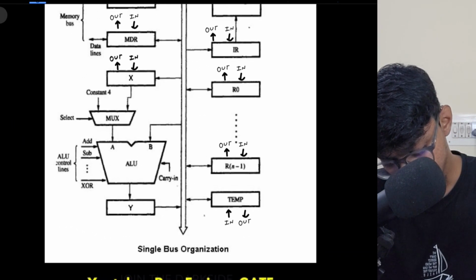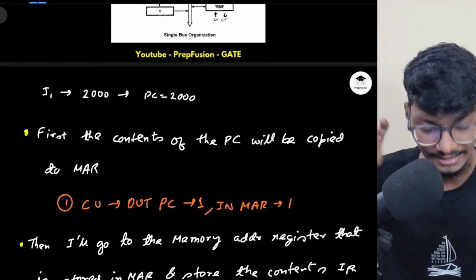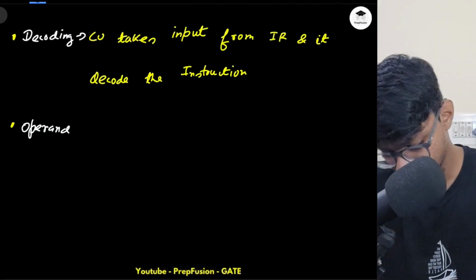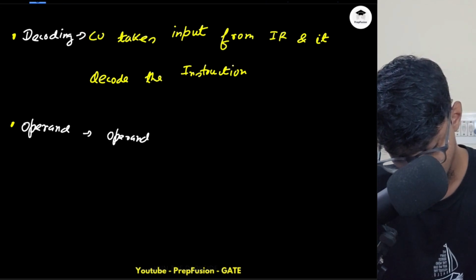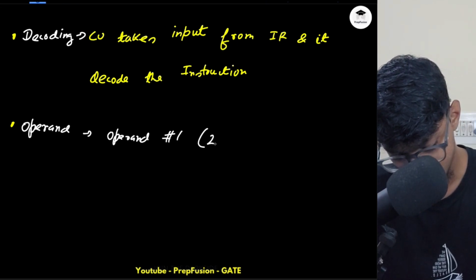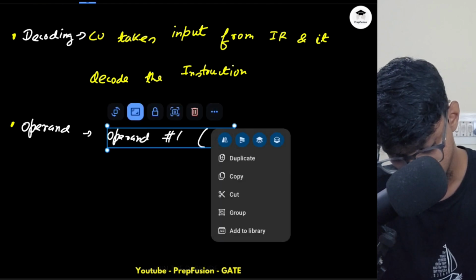So now somehow the control unit has got to know that there are two operands and the addresses of these operands have been provided. So operand 1 has address location 2000, not 2100, and operand 2 has address location 200.